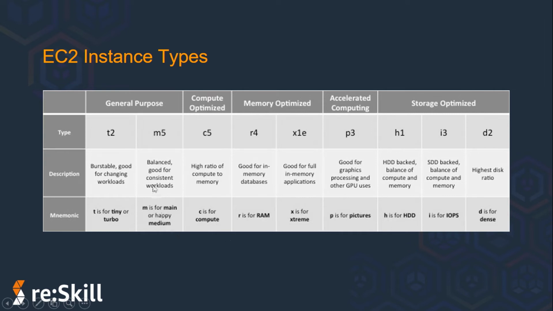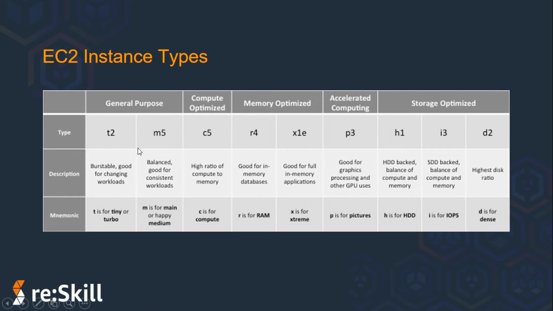Then what is this 2? What is this 5? This is a generation number. Multiple generations of each instance type will keep coming, and this generation number indicates the generation, so that we can understand it. Accordingly, there will be the features, and the proper name of an EC2 instance will be like this.